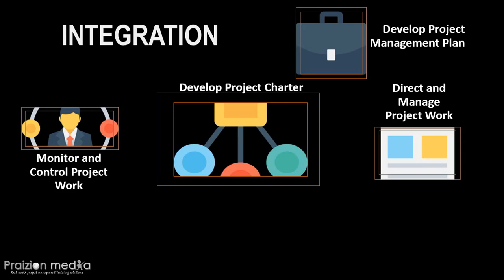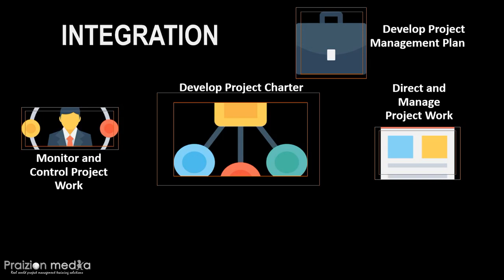From Monitor and Control Project Work, we get work performance reports. It is also important to observe how Monitor and Control Project Work uses schedule forecasts and cost forecasts as an input, which makes its way into the resulting work performance reports as analyzed data.